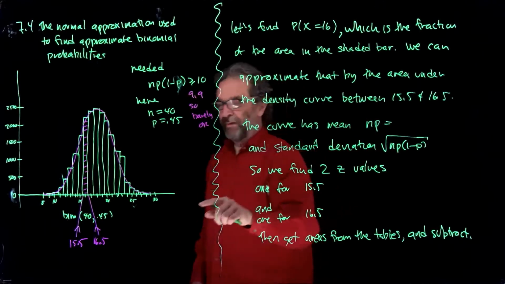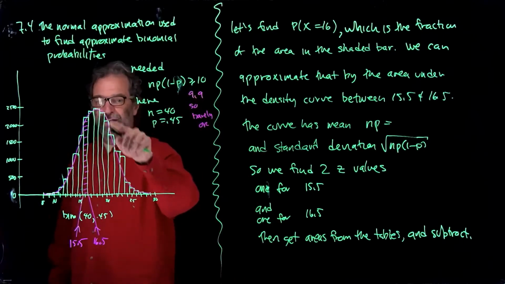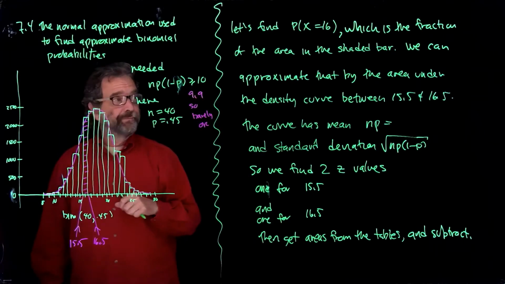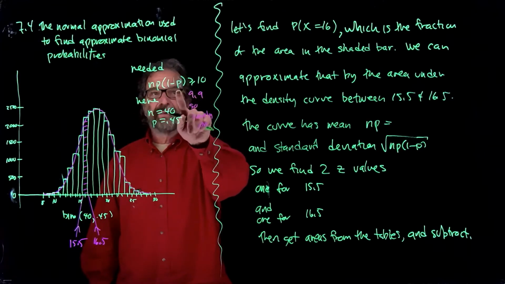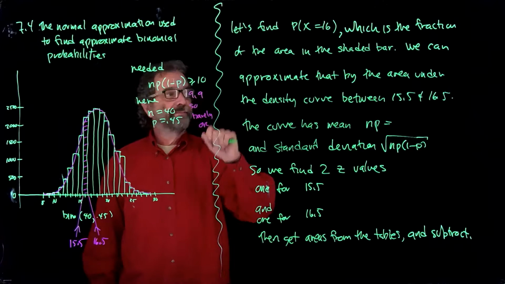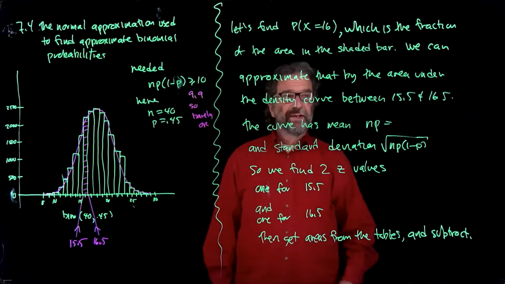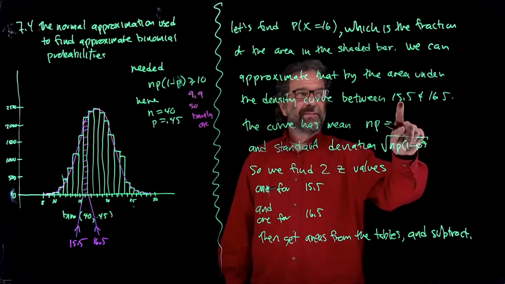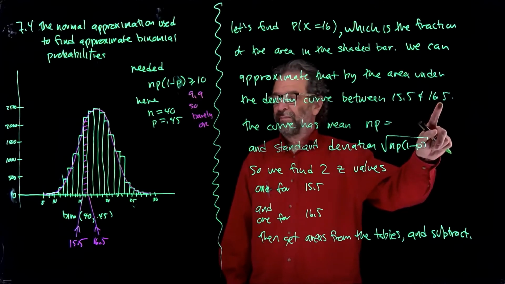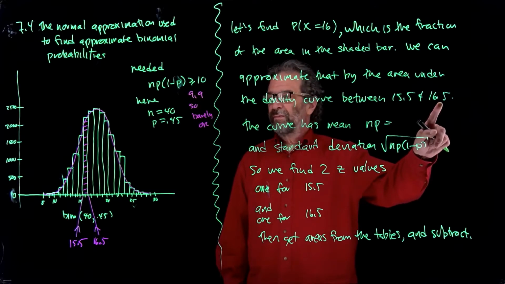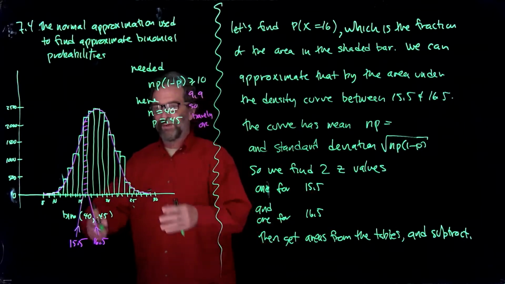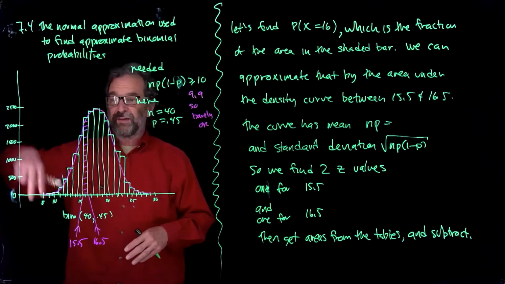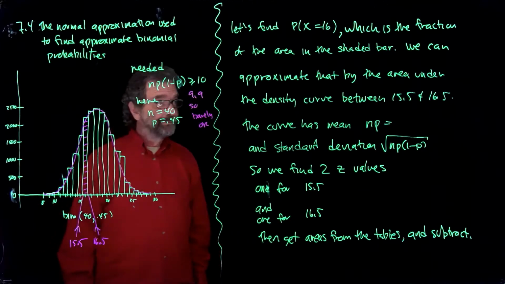I've drawn the normal density curve that approximates the histogram, because if N is big enough, the density curve approximates the histogram pretty well. We use the density curve to find the area under it between 15.5 and 16.5, because the total area under the curve is 1, so that area is the probability of landing in that position.